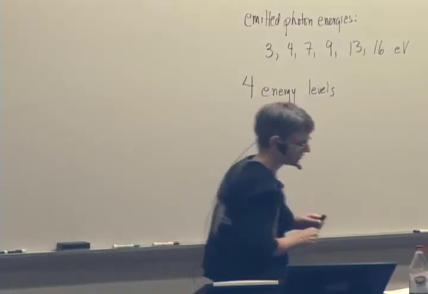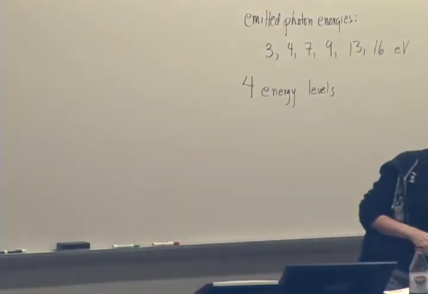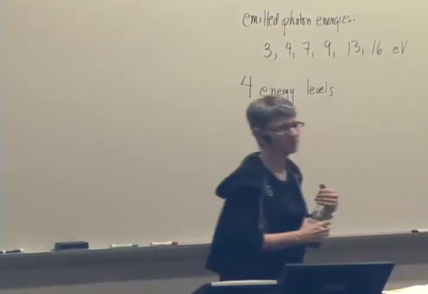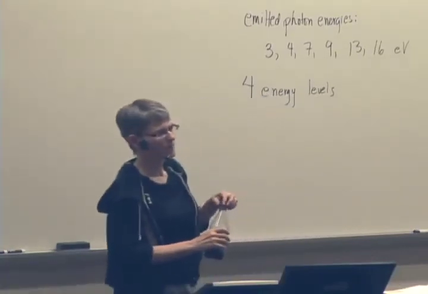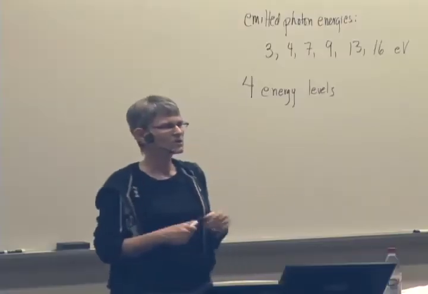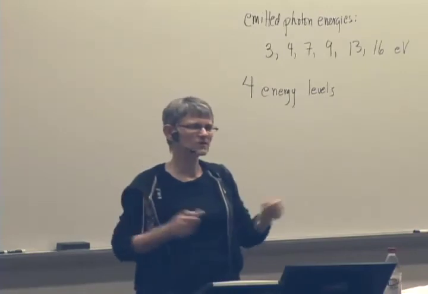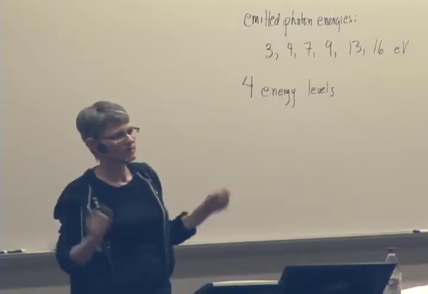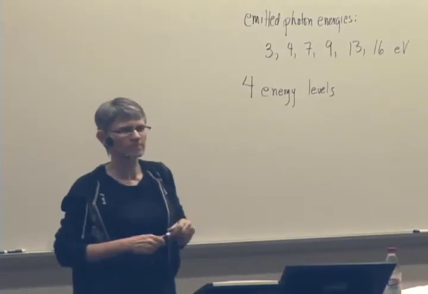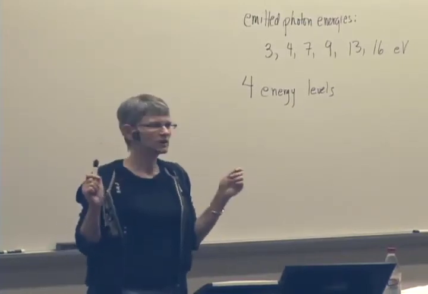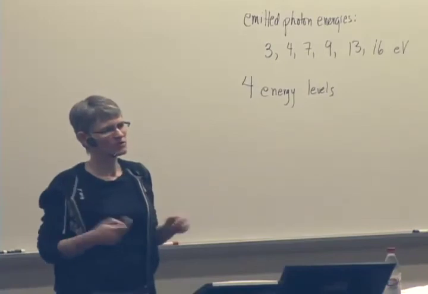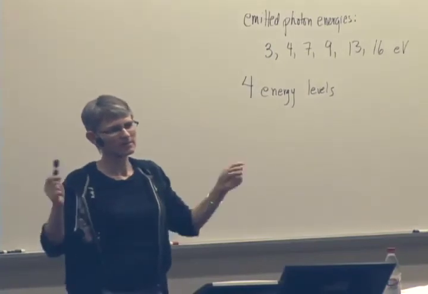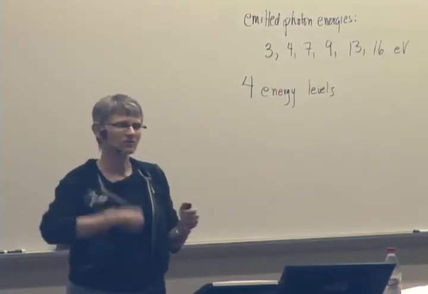Talk to your neighbor, think about how you'd start figuring out. Okay, so this is not a right equation plug in numbers problem. It's a trial and error problem, but you can approach it by making some intelligent beginnings here.